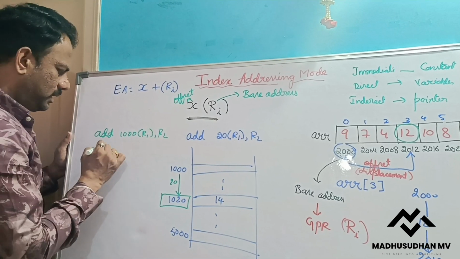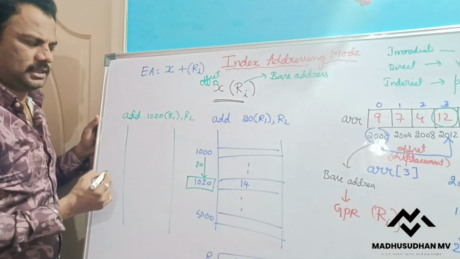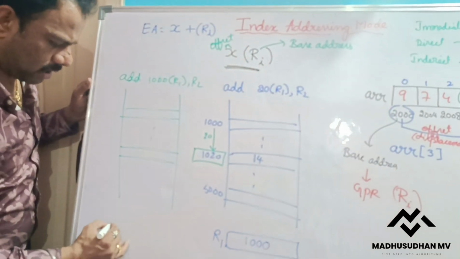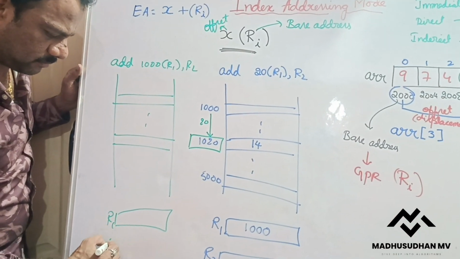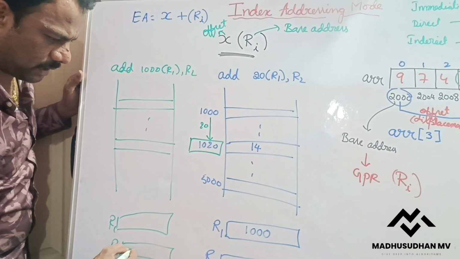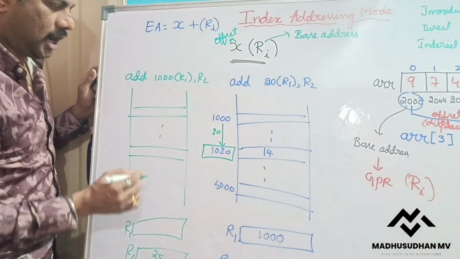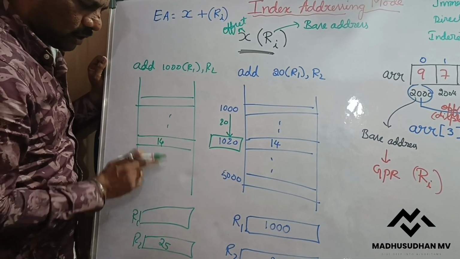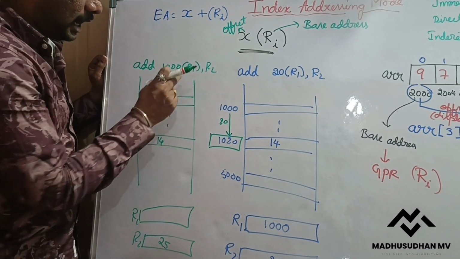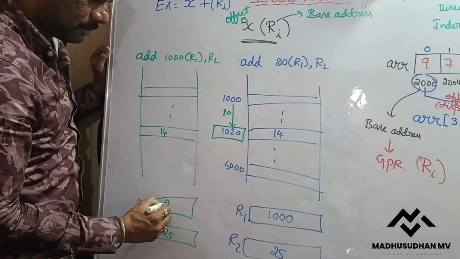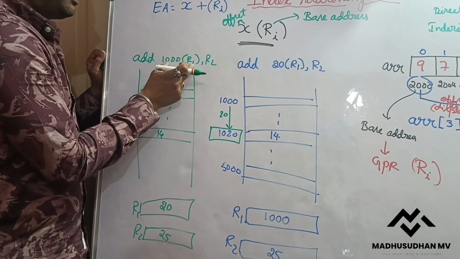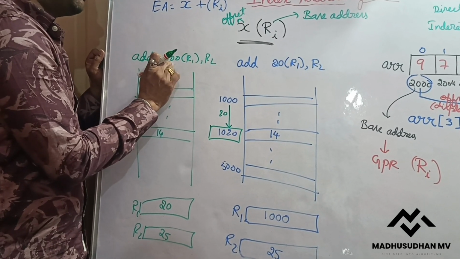Now in this case, what happened? Let us take this one. R2 again holds 25, and again I need to add 14. In R1 I am storing 20, and the constant is 1000. The effective address is this plus this.